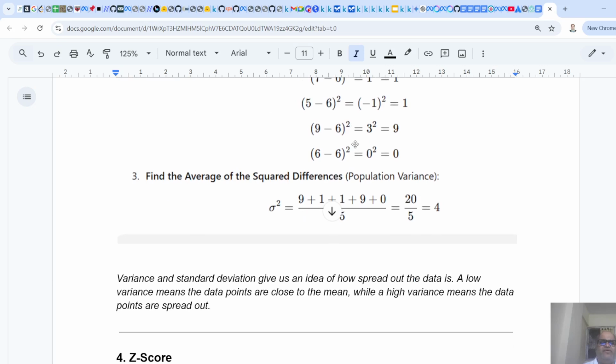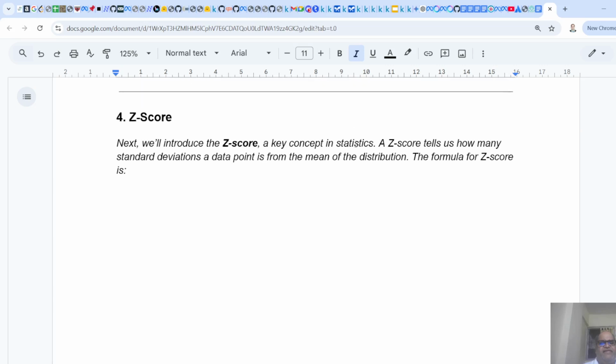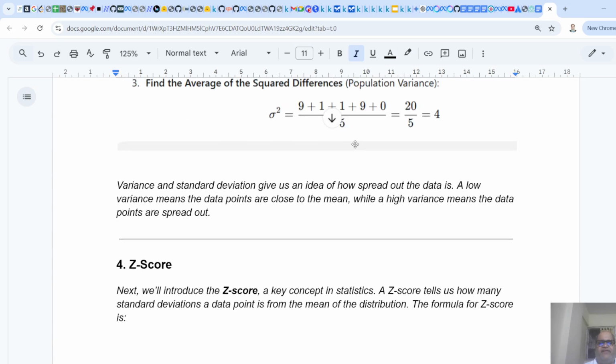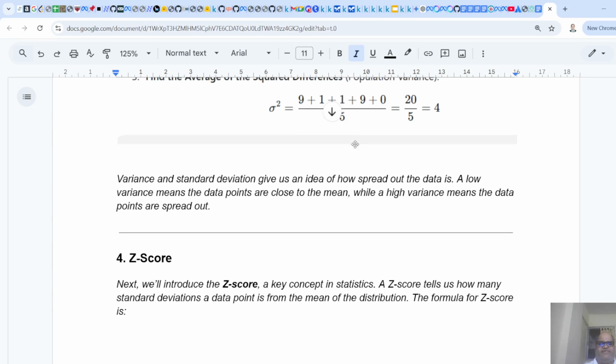So we'll have another look at how exactly this standard deviation of 2 should be interpreted, and there is another term for it that we call Z score, right? So Z score gives you some idea of how many standard deviations away your data point is from the mean of the distribution, right?